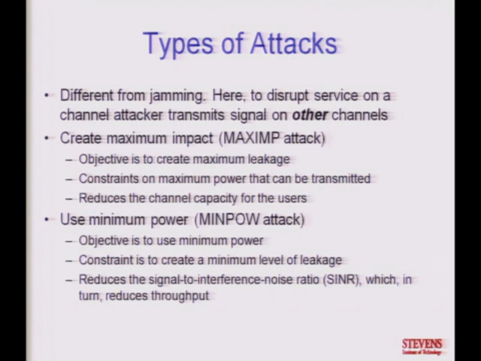Just to give a numerical example, let's say the amount of interference that's needed to create a loss in the signal to noise ratio is of the order of, let's say, some 10 dBm. Now, in the MINPOW attack, you transmit just enough power to cause that 10 dBm interference. Whereas in the MAXIMP attack, you transmit as much power as possible.